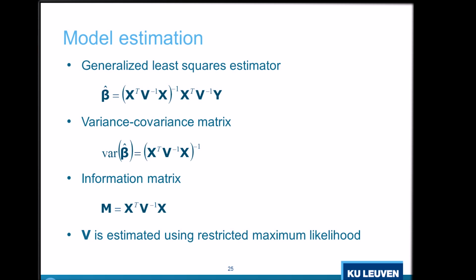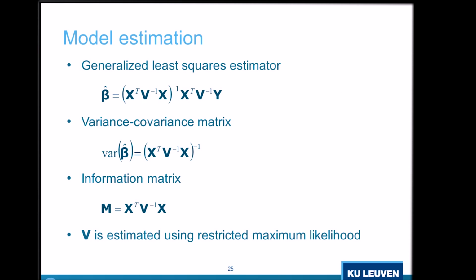Now, we have correlated observations, that's clear in our model. We assume that the responses are correlated according to these V matrices, and as soon as you have correlation, you need to use generalized least squares. On slide number 25, you can see the generalized least squares estimator for the factor effects you're interested in.